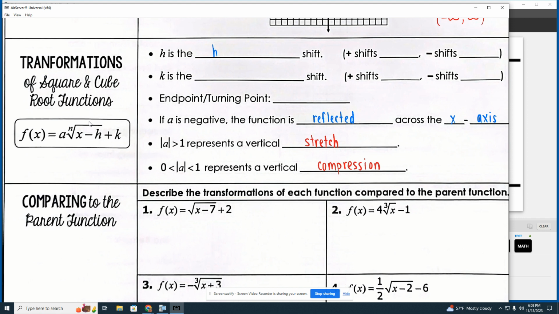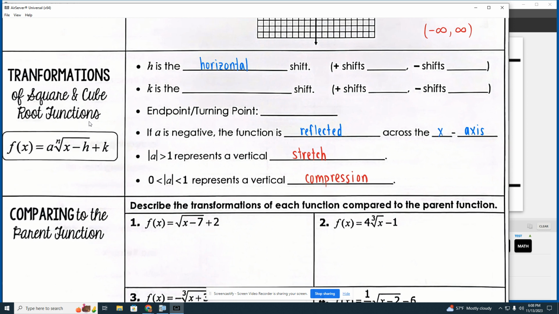H represents that horizontal shift. And if that H is positive, that thing's going to shift. Remember, it means it's actually negative. It'll shift to the left. But if that H is negative, remember that means it's actually positive, it's going to shift to the right. So it'll always do the opposite on the inside.